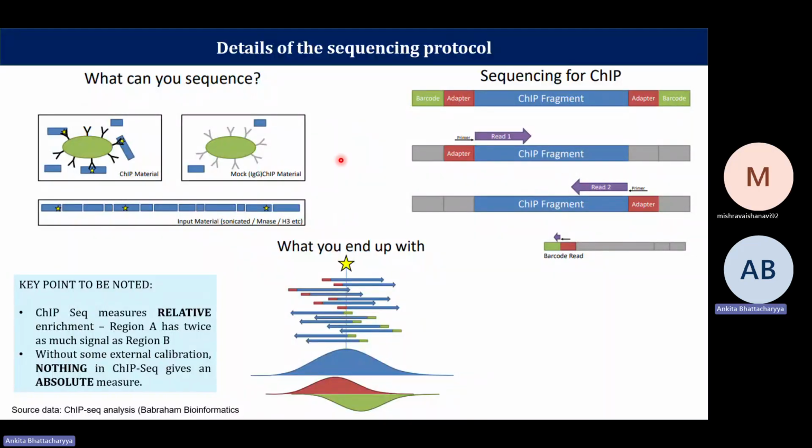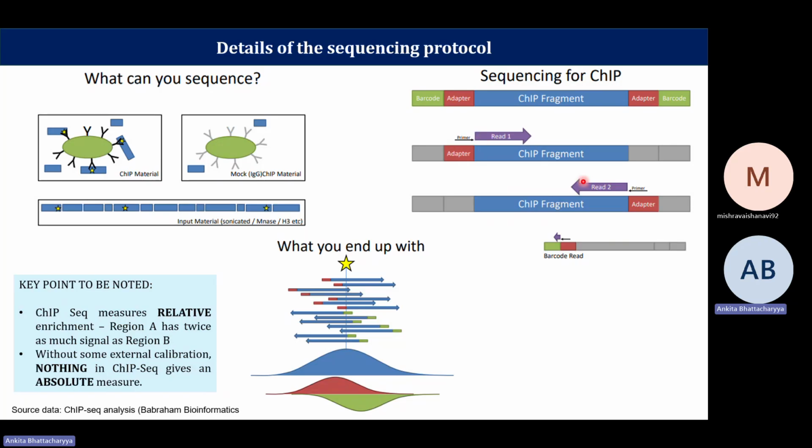Okay. So when you proceed for sequencing, this is your ChIP fragment, which you actually want to sequence. These are your attached adapters, which we added during library preparation. And to that, you have your barcode, which allows you to identify where the read that you eventually get has originated from.